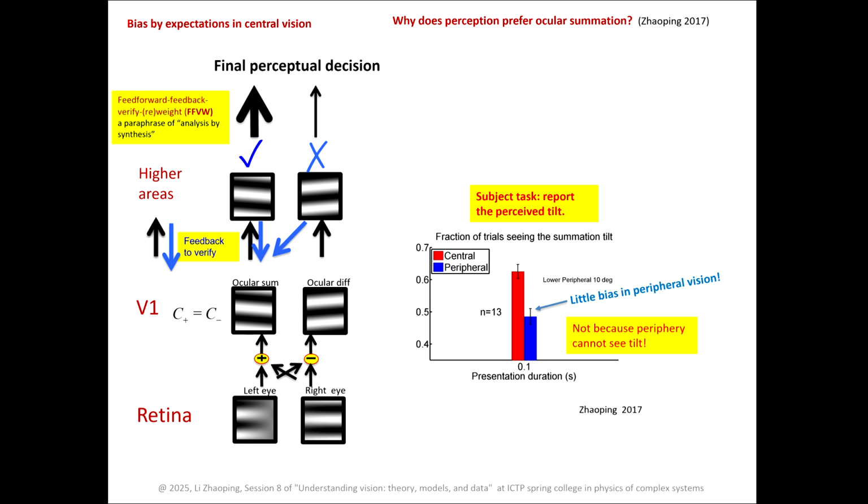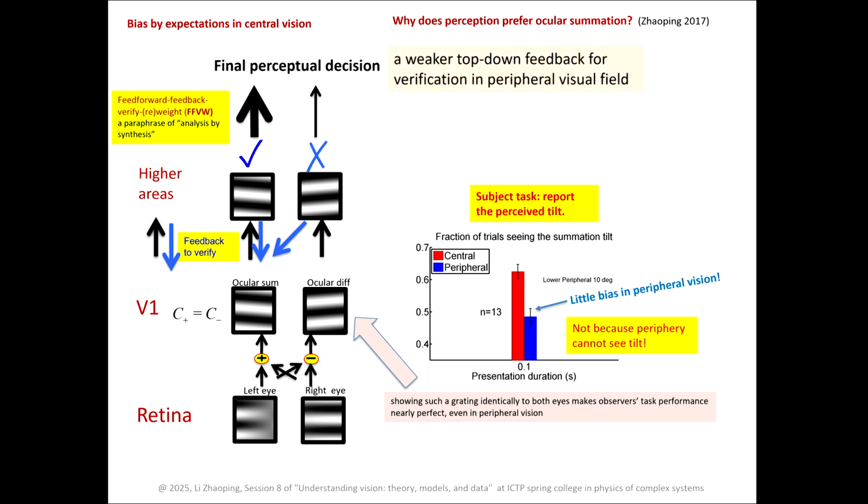The answer is no, because they can do the task in peripheral vision very well if visual inputs are not ambiguous, when the same grating, slightly tilted, is shown identically to both eyes. Weaker or no bias for the summation signals reflects a weaker top-down feedback for verification in peripheral vision.